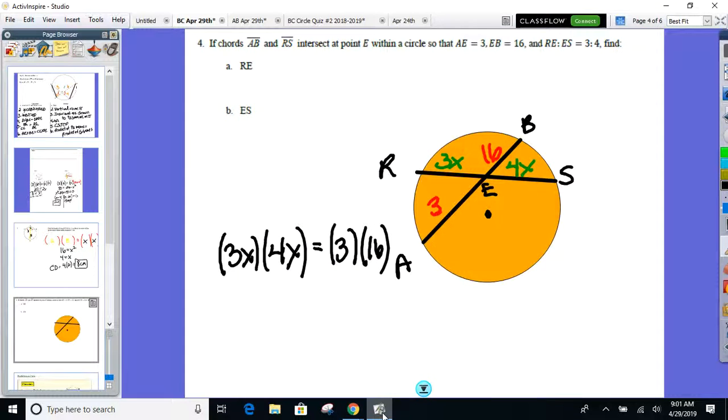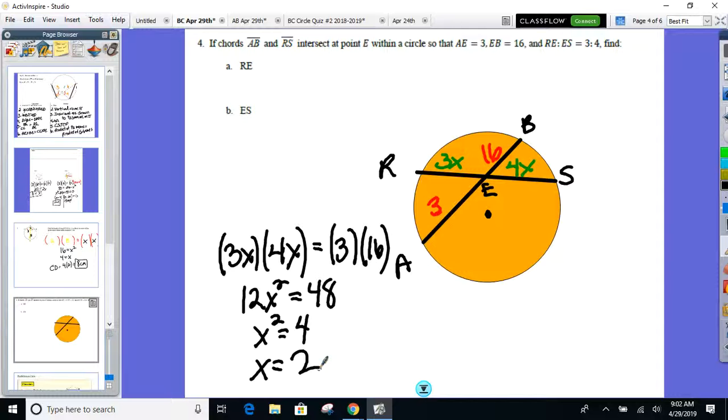29, here we go. What'd you do from there, Dan? And you got x squared equal to 4, and then you got x equal to 2.